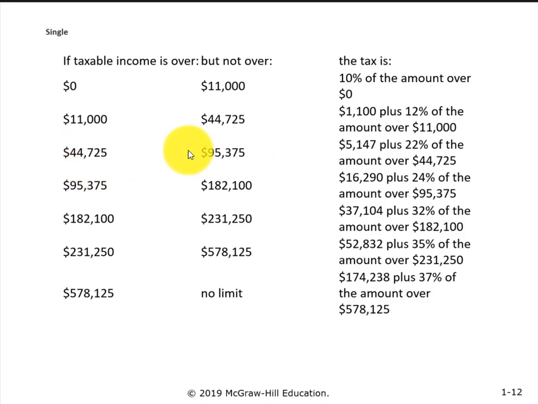If your income's in these two, you pay 10% of the first 11,000 plus 12% of the difference between 11 and 44, which they've already calculated for you as 5147. So this 5147 is the 1,100 plus the 12% on the amount between these two, and then 22% of anything over 44,725. That's how you apply the tax rate schedules.